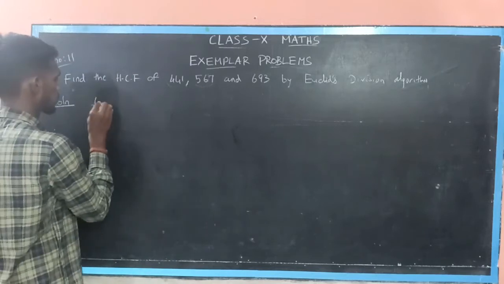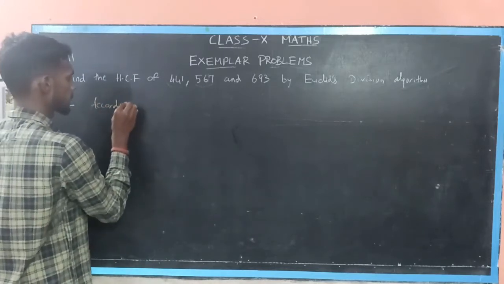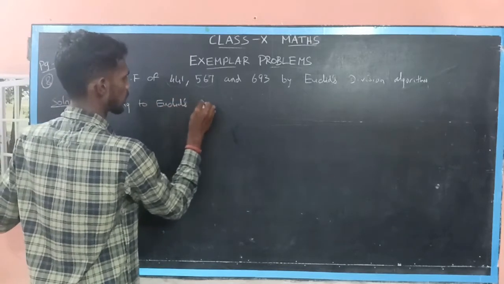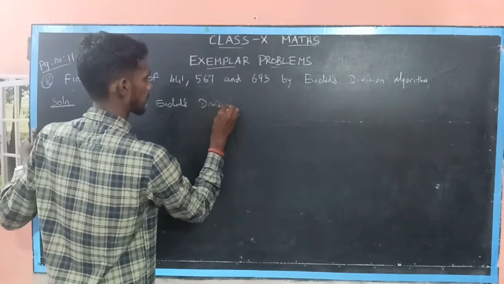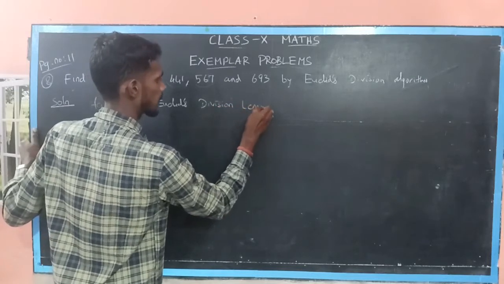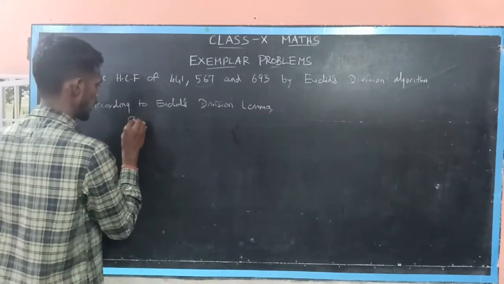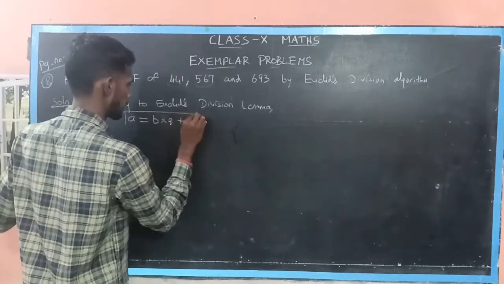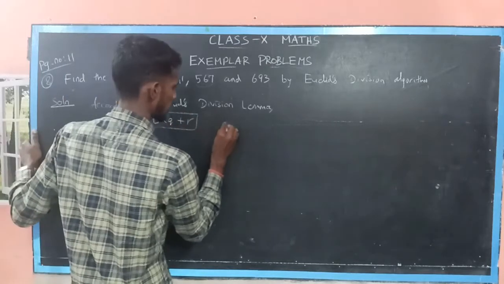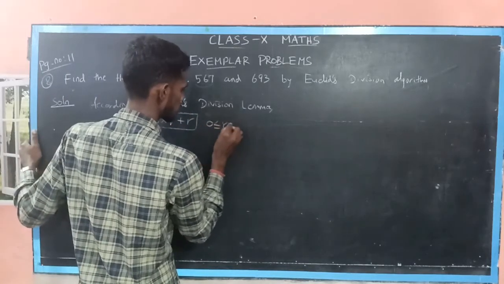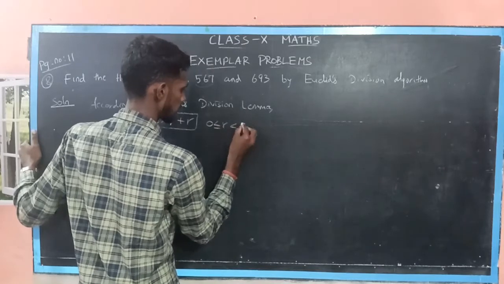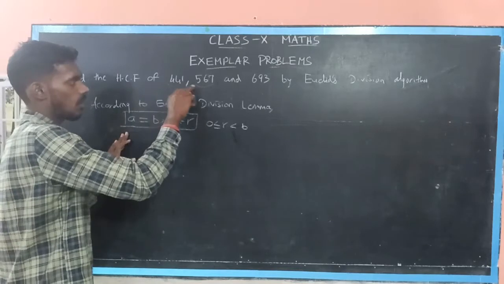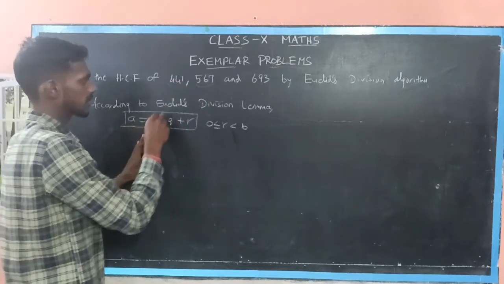According to Euclid's division lemma, A is equal to B into Q plus R, where R can take values from 0 to less than B. Here I substitute A as the larger number and B as the smaller number.